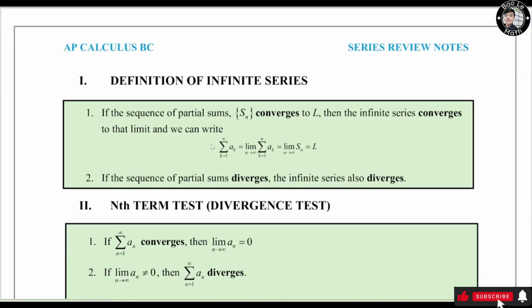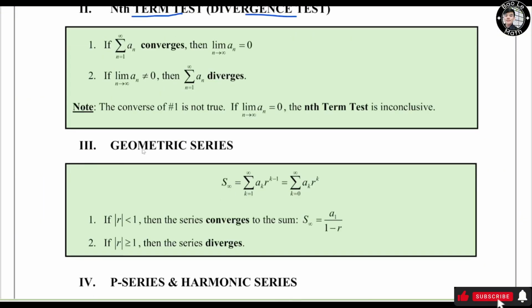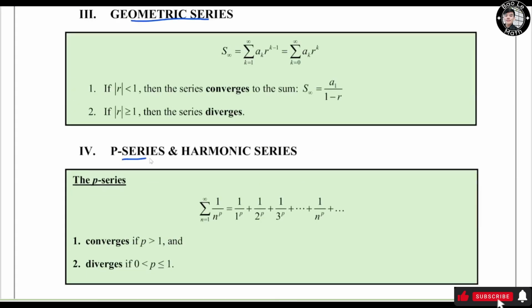Now here are the series tests for convergence or divergence that we will use in the tree diagram. First we have the definition of the infinite series. The first test is called the n-term test or divergence test. The second is the geometric series. The next is the p-series and harmonic series.